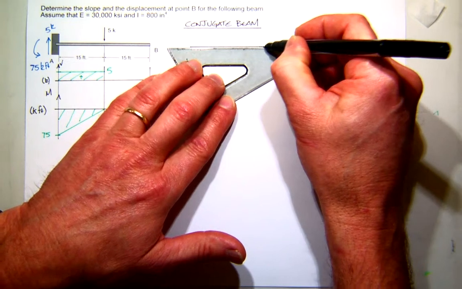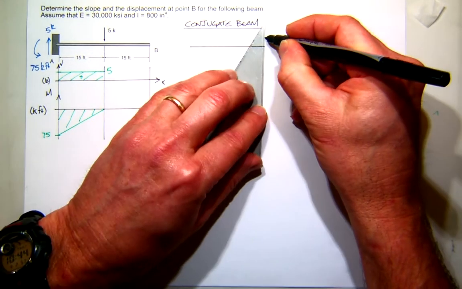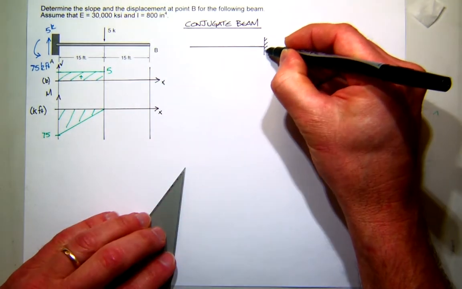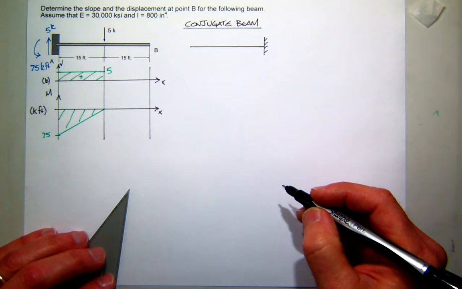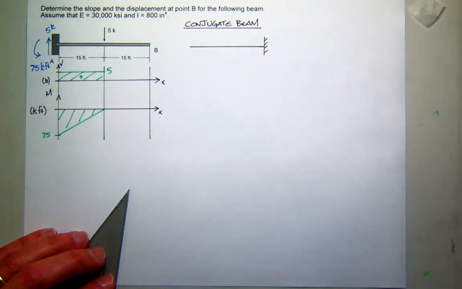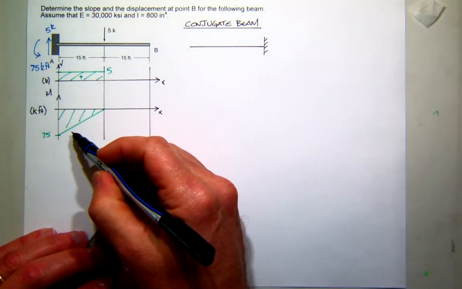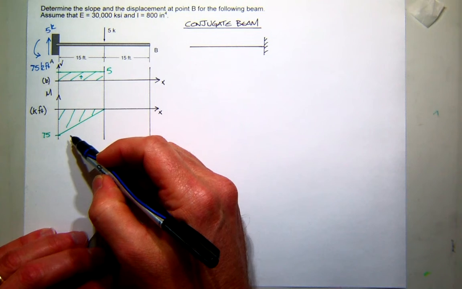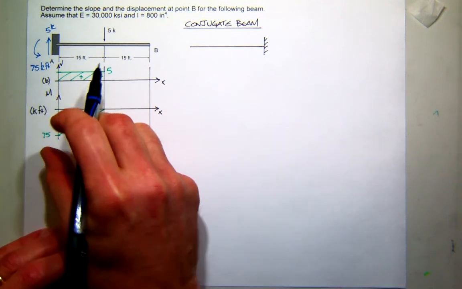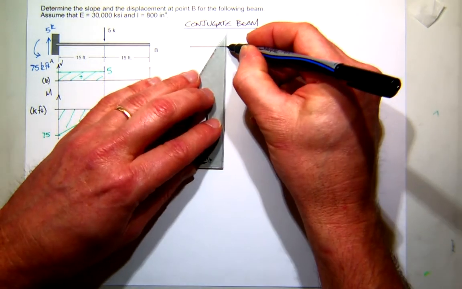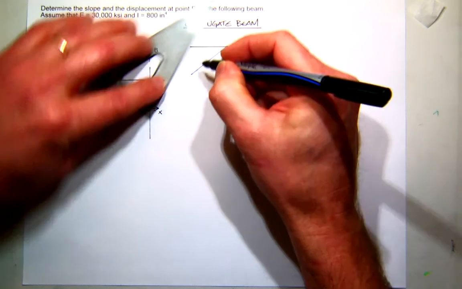So when I draw my conjugate beam, it looks like this. Now, what do I apply to that as load? My moment diagram. Now, to help you visualize this, I'm just going to take that moment diagram and plunk it down right over here on the beam.